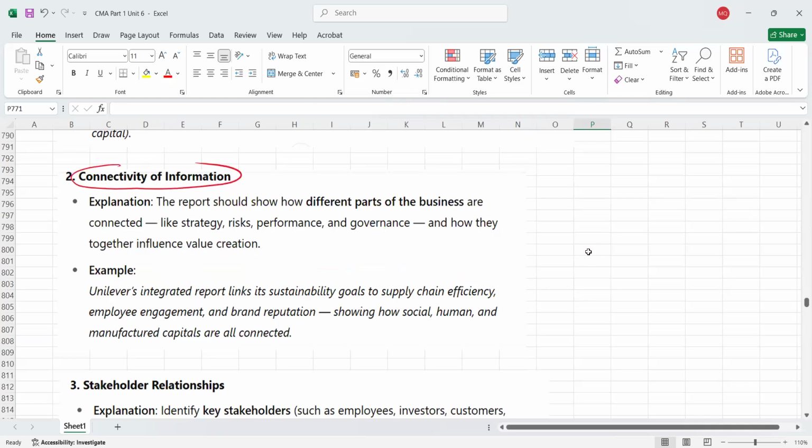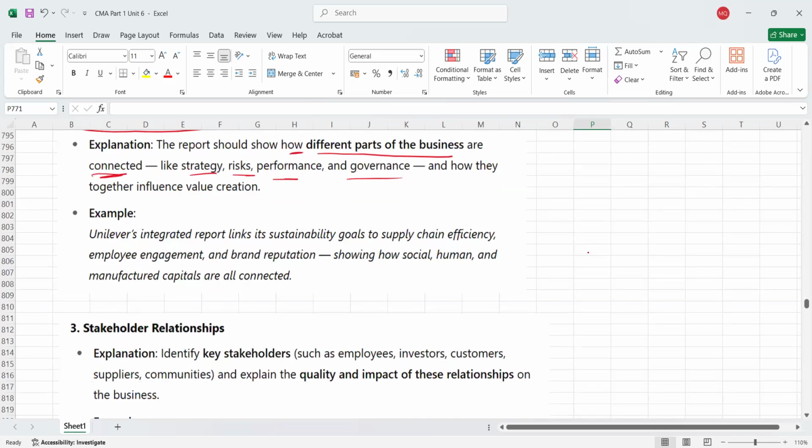Definitely we discussed this previously also, while we create the report, we should connect the information also. For example, the report should show how different parts of the business are connected, like strategy, risk, performance, governance, etc. As an example, Unilever's integrated report links its sustainability goals to supply chain efficiency, employee engagement and brand reputation.